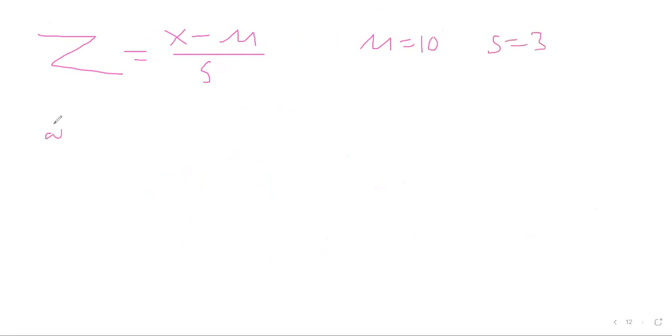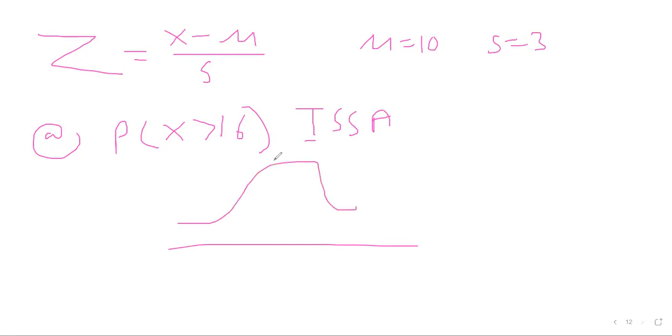Part 1, find the probability that x is greater than 16. So we can now use ISA. ISA says, step 1, illustrate. Our mean, we know it is always at 0. But this time we've been given a mean of 10. So 10 is equivalent to 0. Then 16 is on the right side. We're given 16 in terms of X.